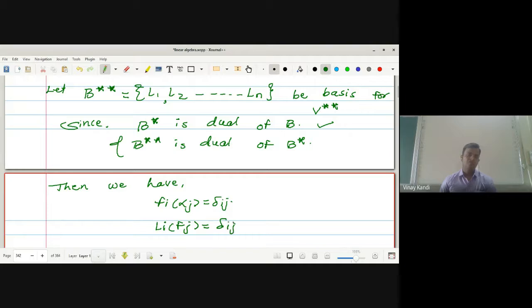Suppose this one is equation number 1 and this one is equation number 2, where i is running from 1 to n and j is running from 1 to n. Any doubt up to here?